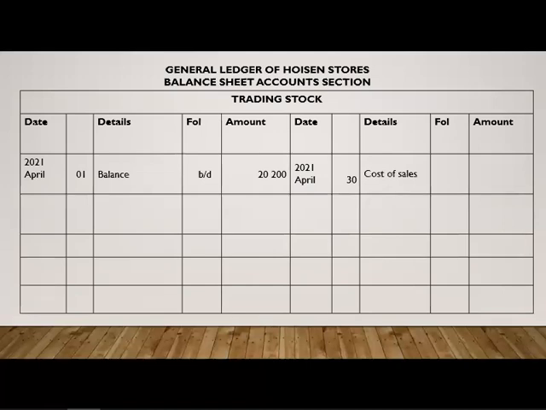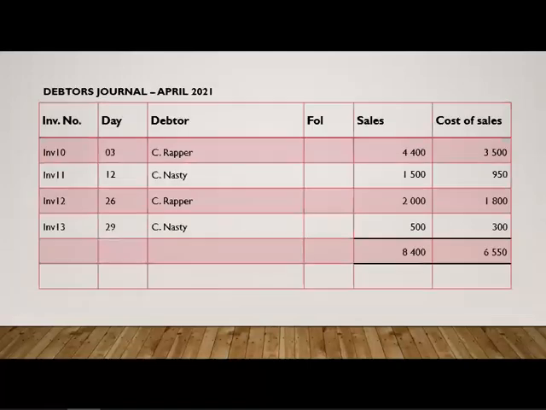For my credit sales, I will simply take the total of my cost of sales, which is 6,550. That 6,550 will be recorded on the credit side of my trading stock account.